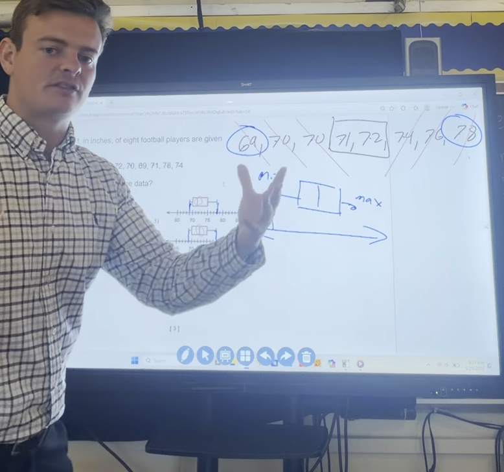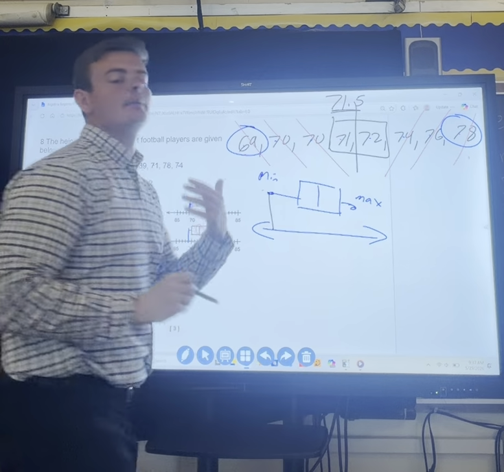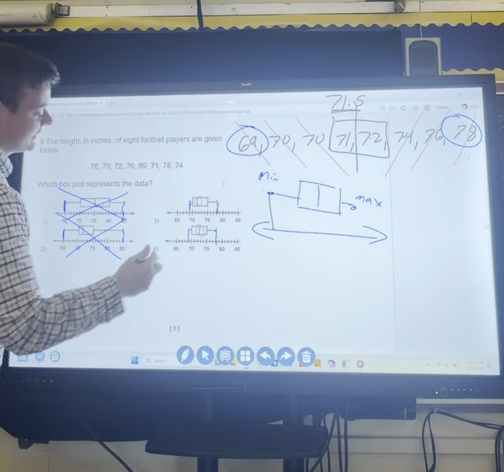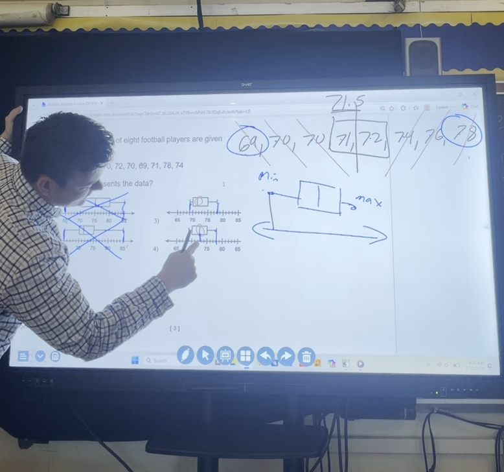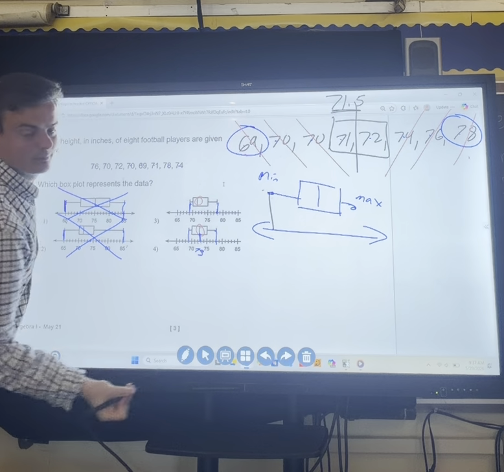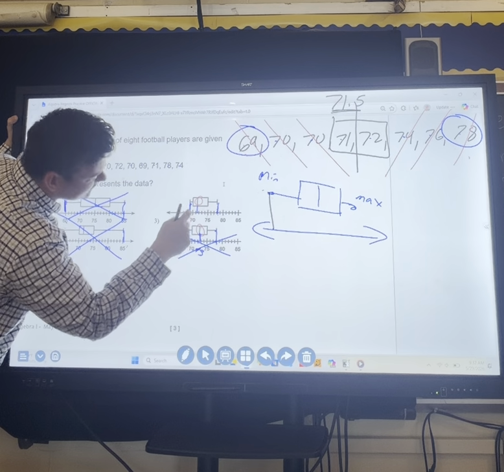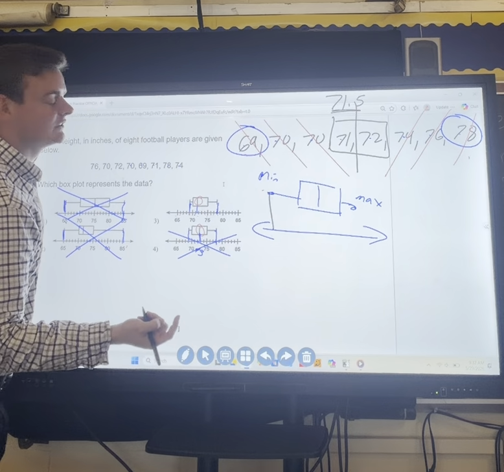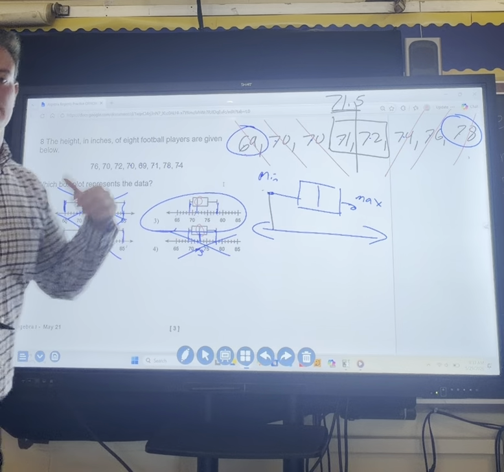What's in between 71 and 72? 71.5. So I need my median to be 71.5. This median comes down here, and it looks like it's 73 to me, which is no good. This median comes down here, which is somewhere in between 71 and 72. 71.5. That one is good. That one is the answer.